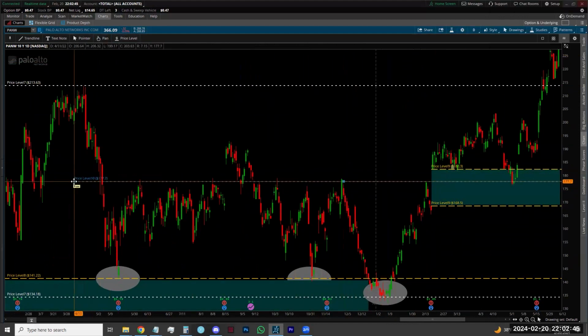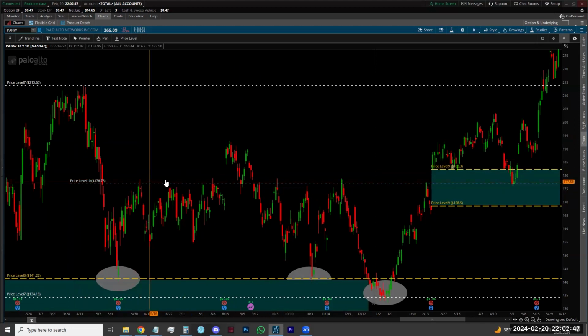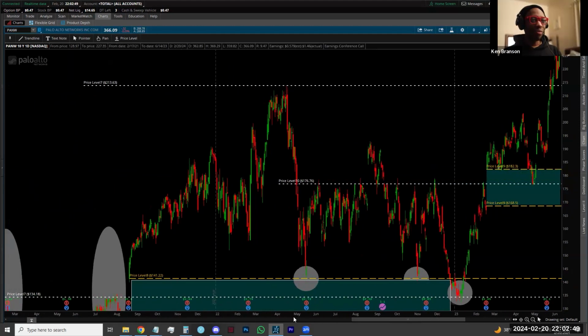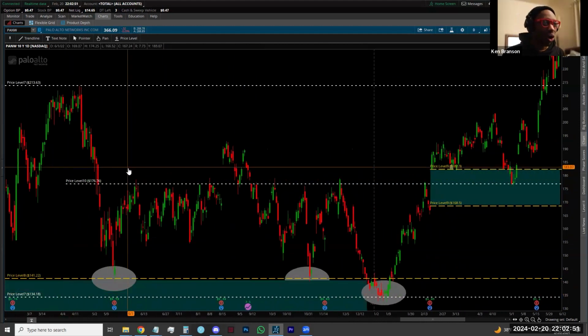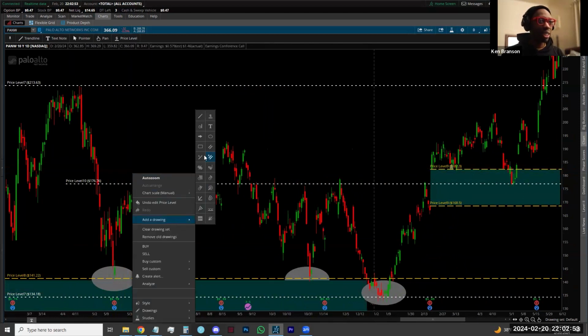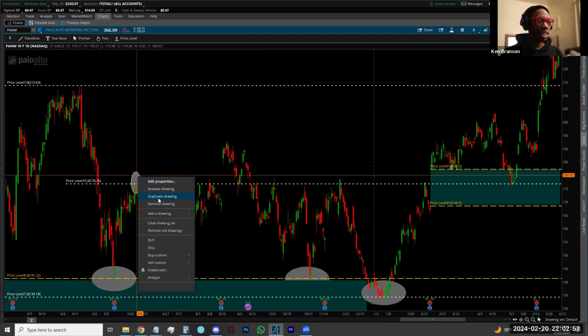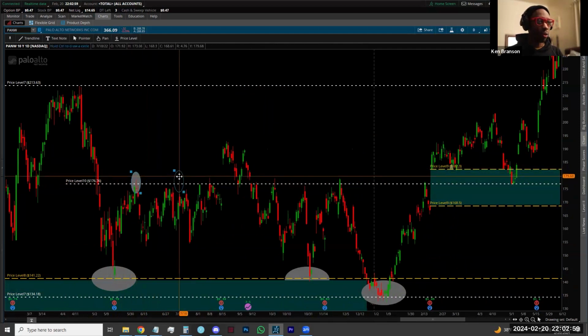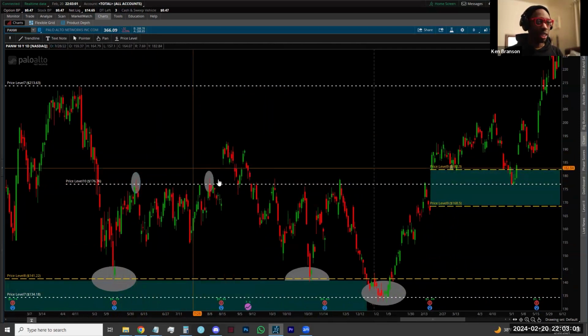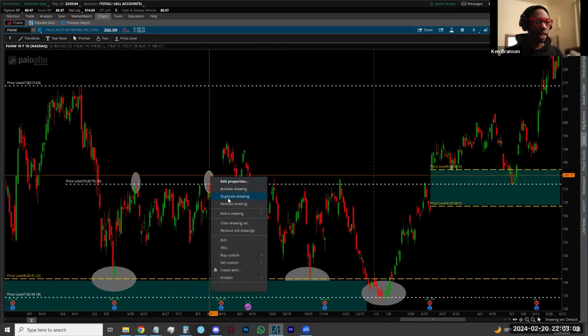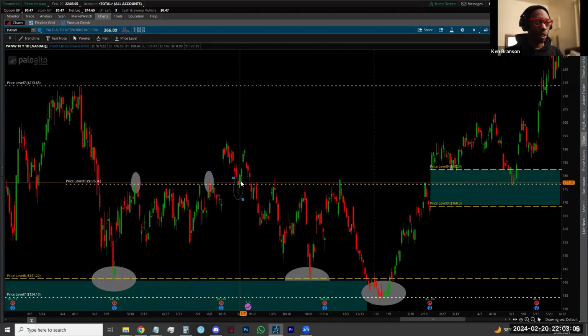Support. Period. Look, if I extend that line out even further, you can see all the times that price has come to this 176.76. Guess what? Right here, it penetrated it and it became support.